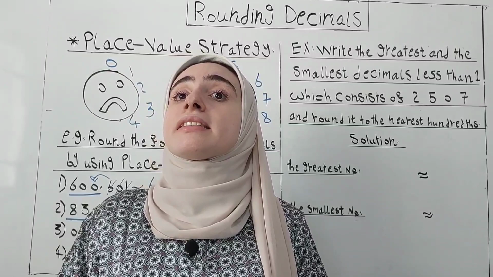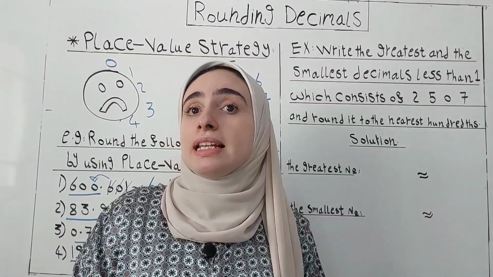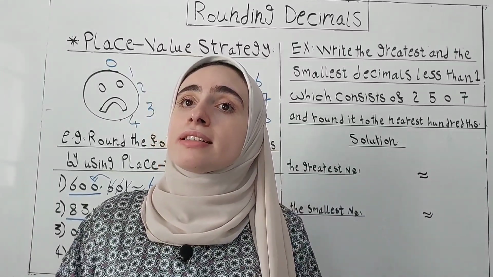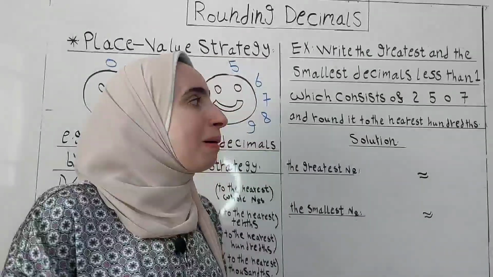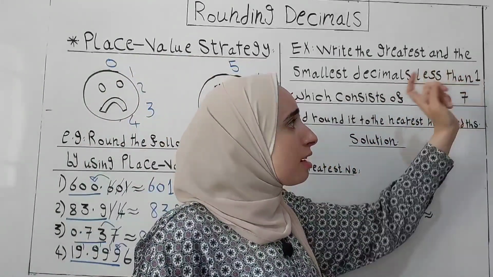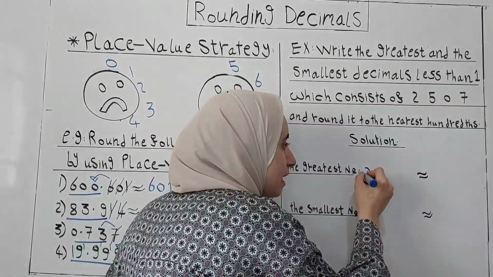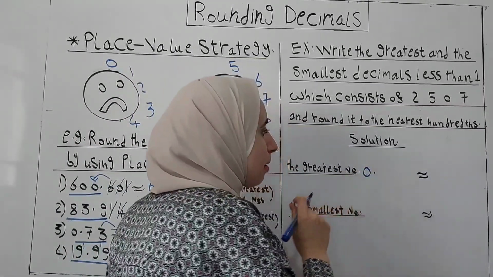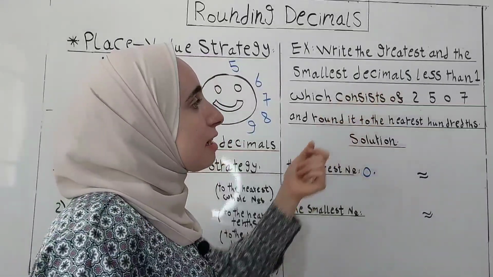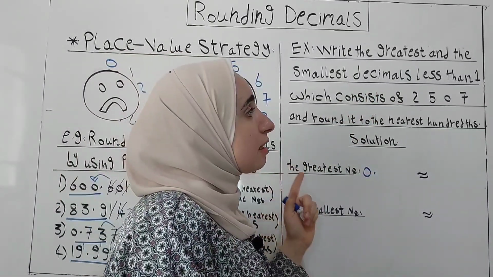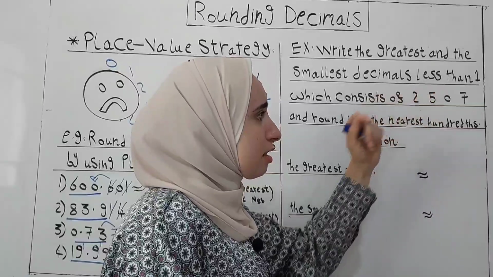To write the greatest number, we start from the left and put the greatest digit. But the decimal number is less than 1, so we keep the whole number as 0. Then we put the decimal point. What is the largest digit? The largest digit is 7.